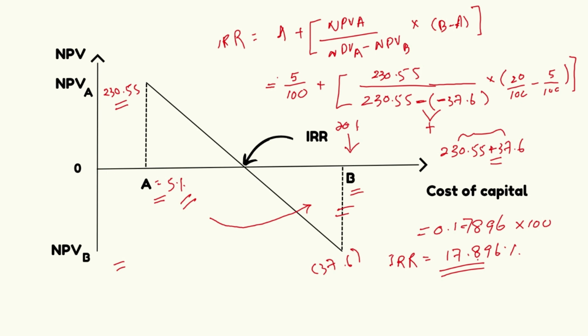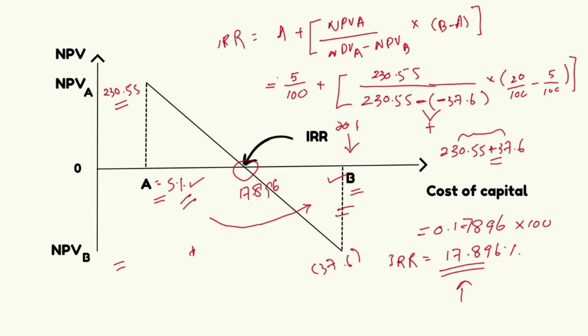Let's check this value with the graph. So the IRR is here, which means it has to be a value between 5 and 20. So we got 17.896, which means it is between these two values, which is an acceptable value because it is between 5% and 20%. So this will be the IRR value.